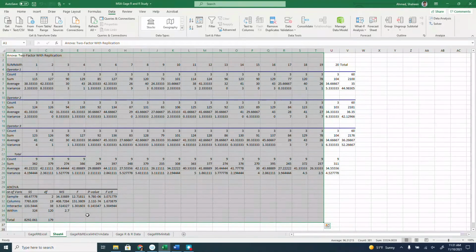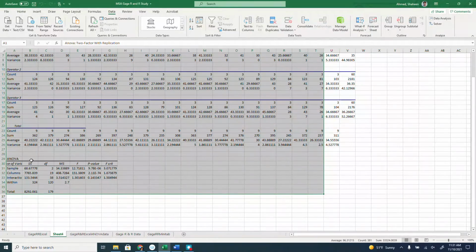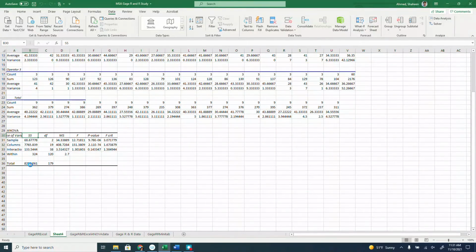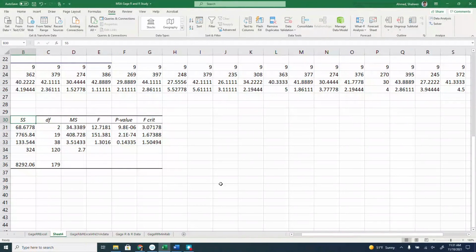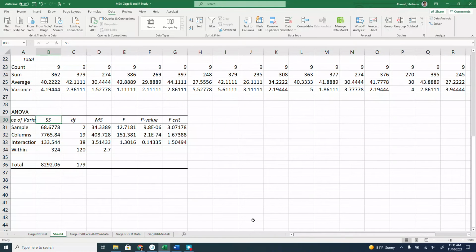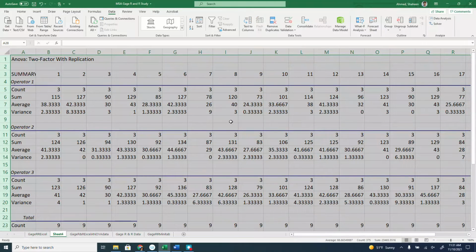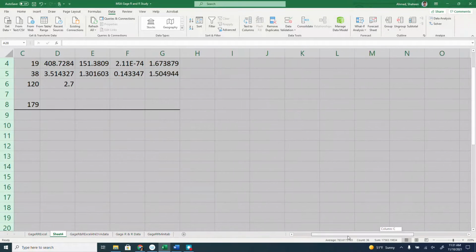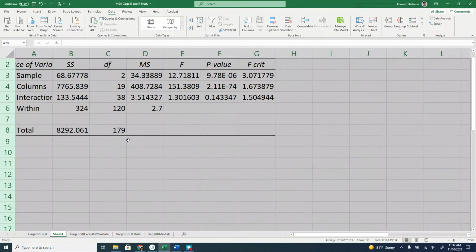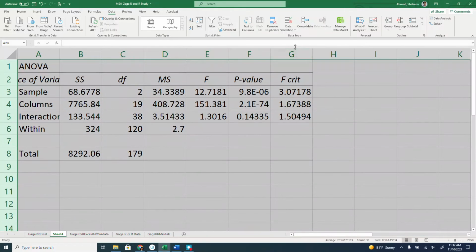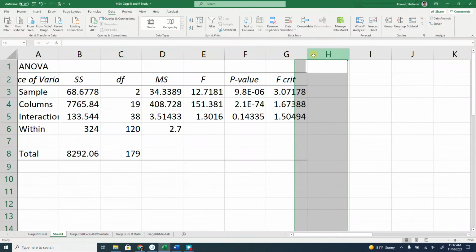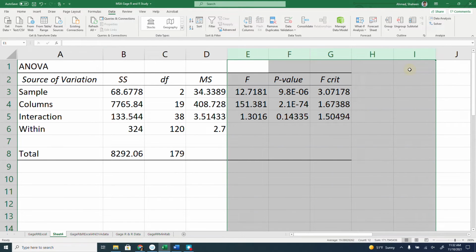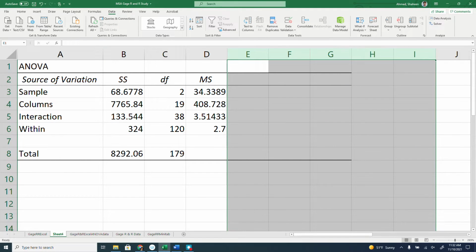It will produce this long list of stuff. But what we need for the gauge R&R study is this ANOVA table. Everything else for now we really don't need, so I'll basically delete it. So I have a clean Excel file like this, and I'll make it a little bit larger. None of this other stuff is needed for this analysis.